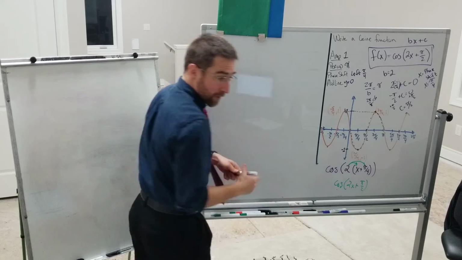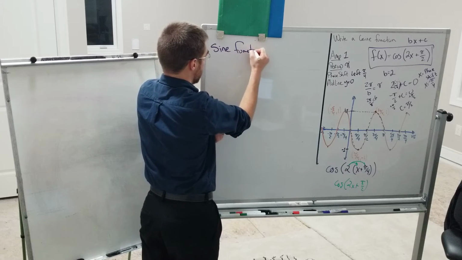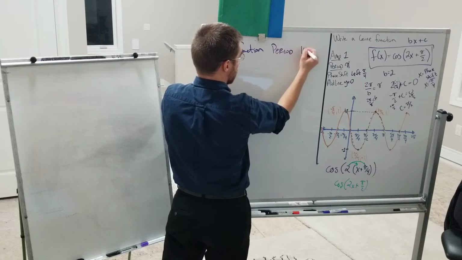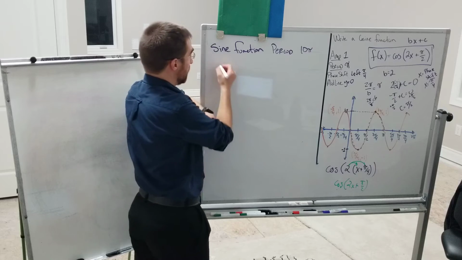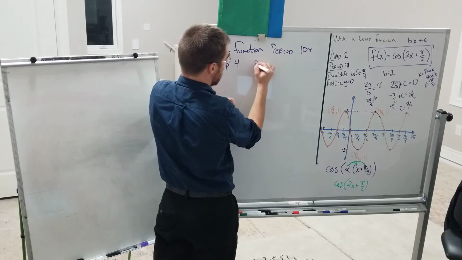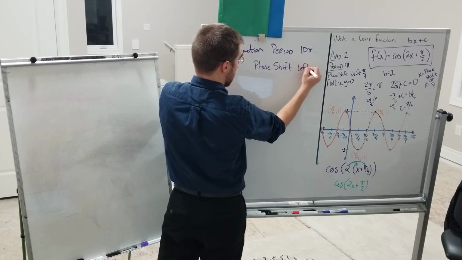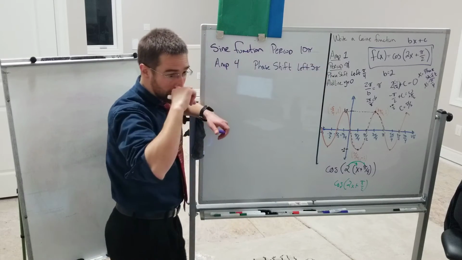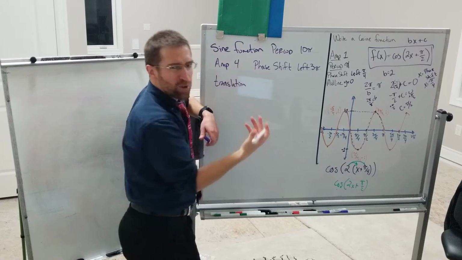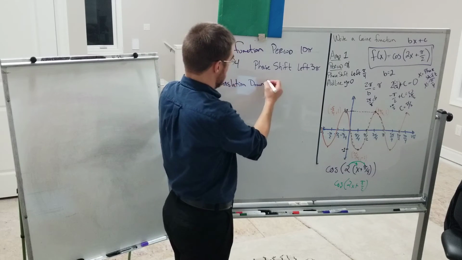All right, here we go. We want a sine function with a period of 10 pi, amplitude of 4, phase shift left 3 pi, and the translation, right, remember translation and shift are the same thing, down 2.